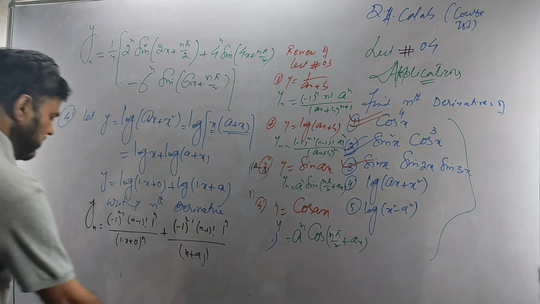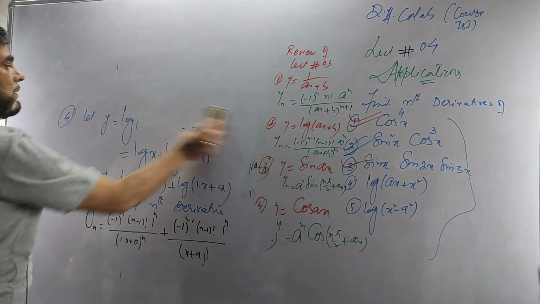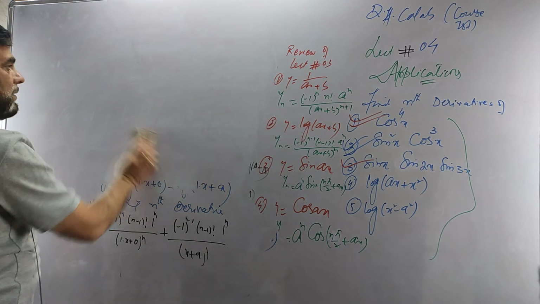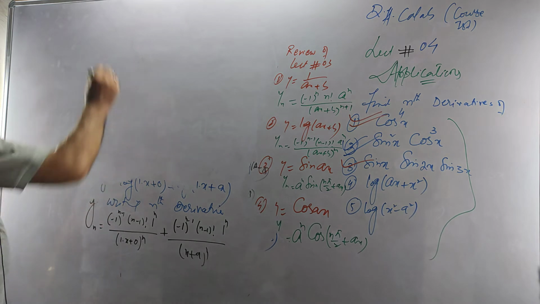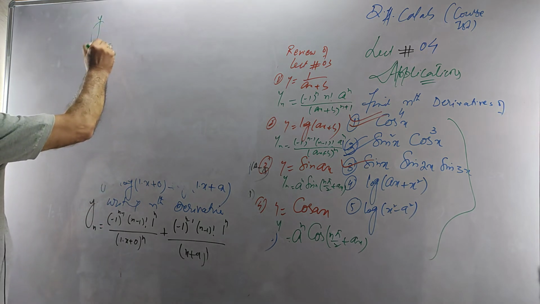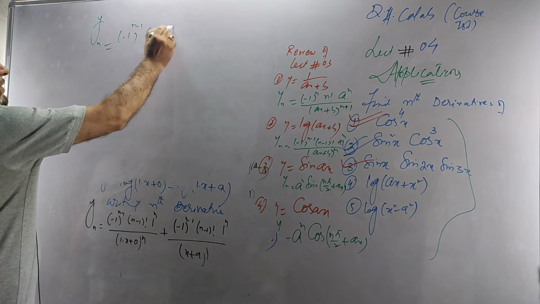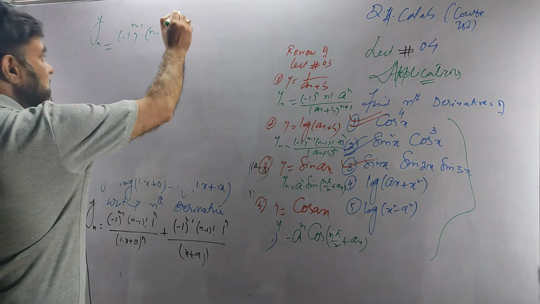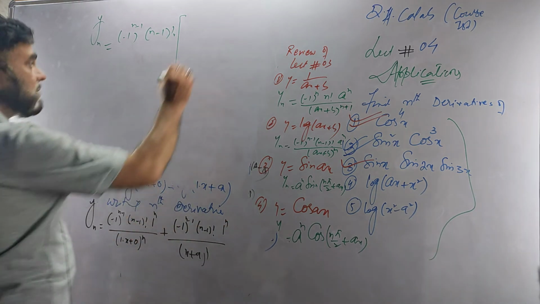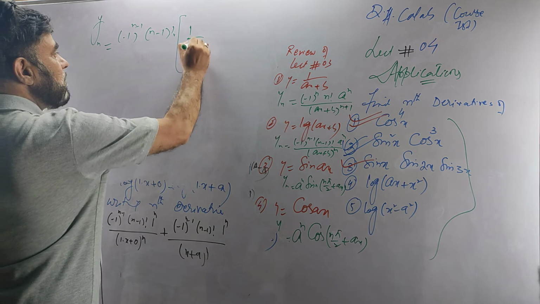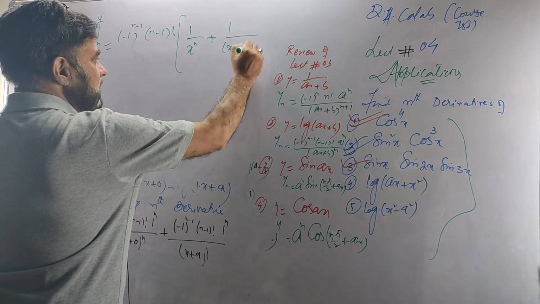Now what is the nth derivative in simplified form? In this case yn will be, taking minus 1 raised power n minus 1 factorial out, 1 raised power n is 1, so it is 1 by x raised power n plus 1 by x plus a raised power n.